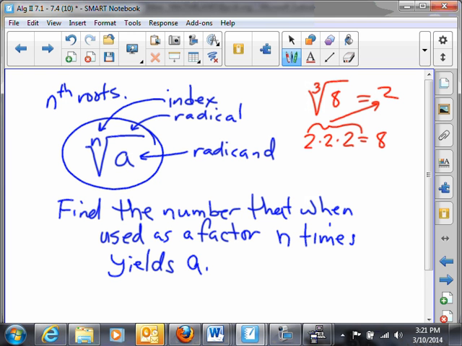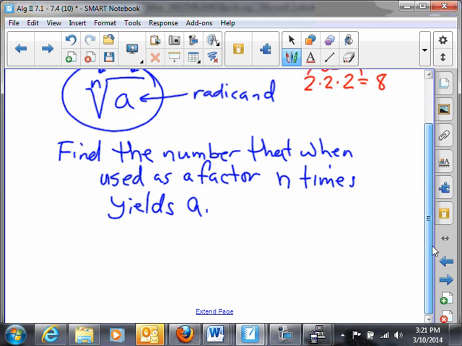Now, the strange thing about this is there are many times more than one number that will give you the number you're looking for. For example, the fourth root of 16. The fourth root of 16 is 2 because 2 times 2 times 2 times 2 is 16.